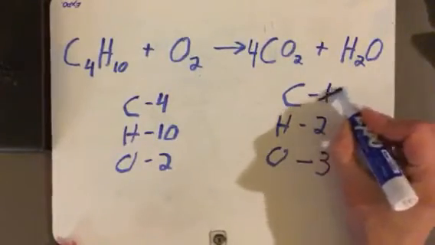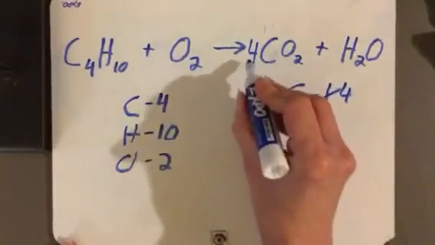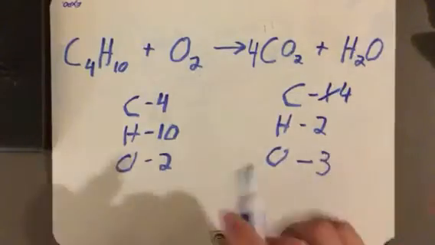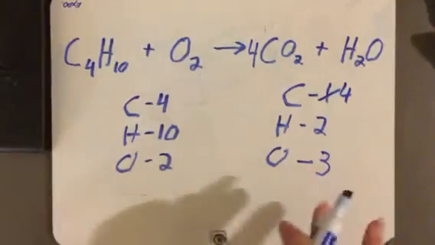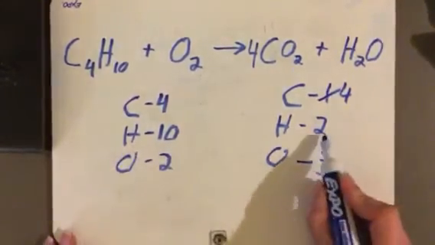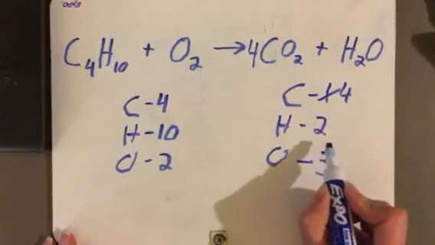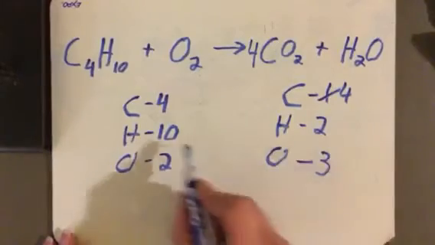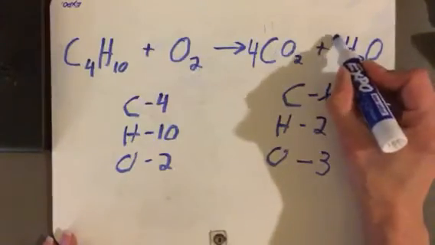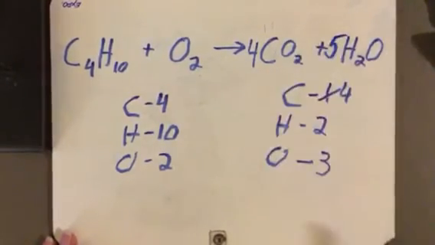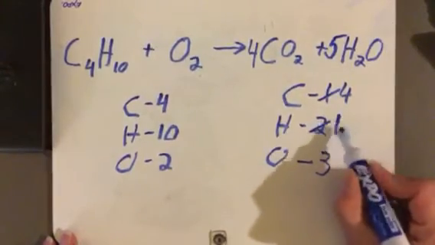So now I have 4 carbon. Well, now I have more than my 3 oxygen, but we're going to count those up in a minute because it's going to change on us anyway. I need to have 10 hydrogen, and I only have 2, which means I need 5 times as many, right? 2 times 5, so we're going to put a 5 here, and that changes my hydrogen to a 10.